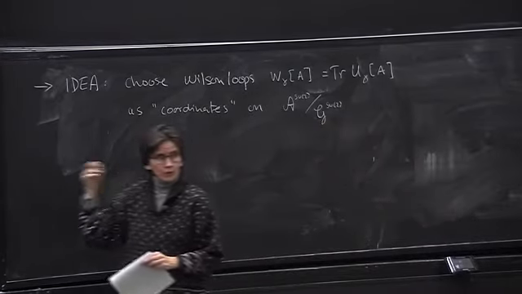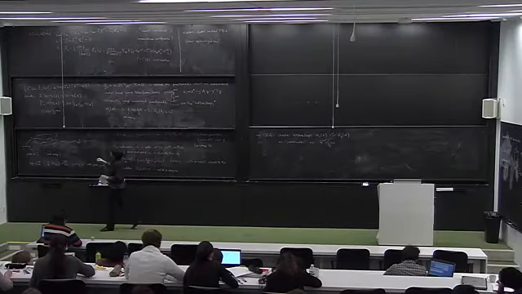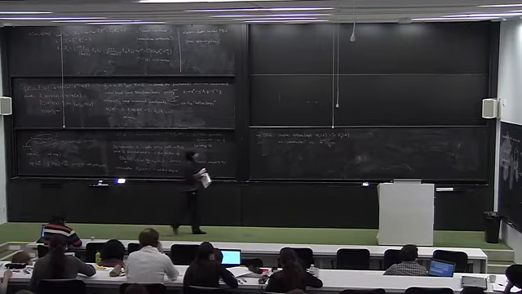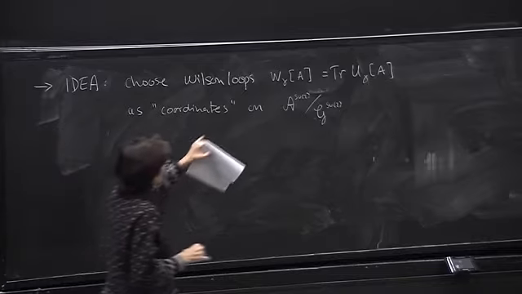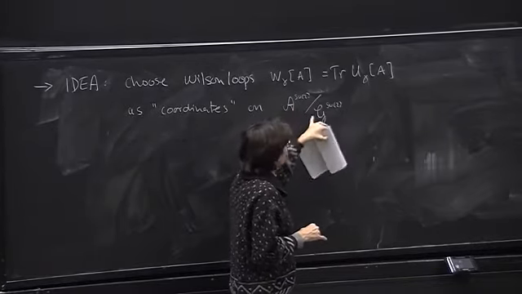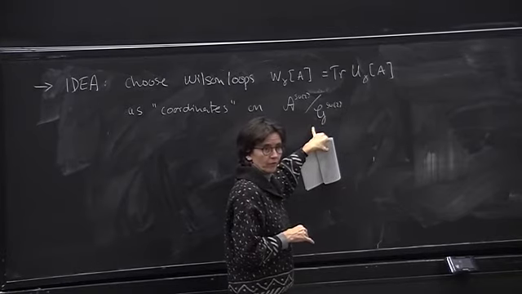Instead of working with the fields A and E, which are introduced up there, and their canonical commutators, I work with Wilson loop objects that already do not see the gauge transformations.